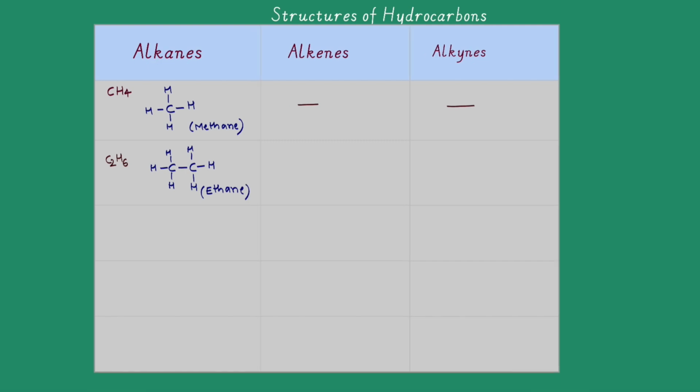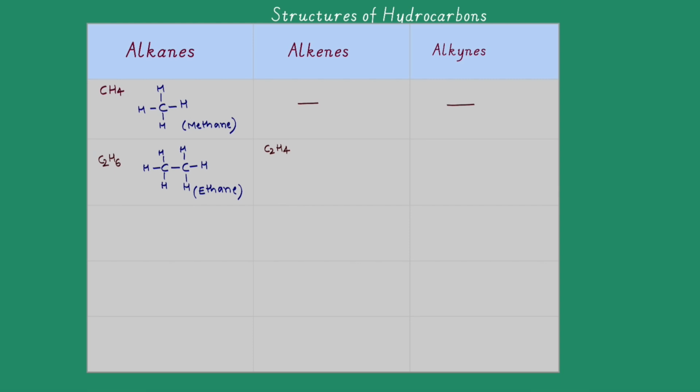Next we have alkene. Ethene. What is the formula of ethene? C2H4, because exactly double, the hydrogens should be exactly double. Now the structure will be, because there are 2 carbon atoms, carbon and carbon. Now because it is an alkene, there must be a double bond between carbon and carbon. Now around the first carbon, 4 bonds.